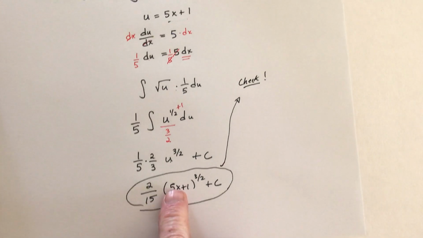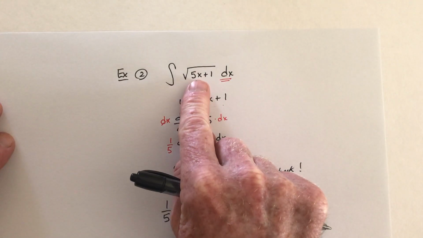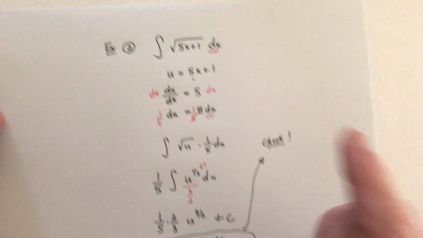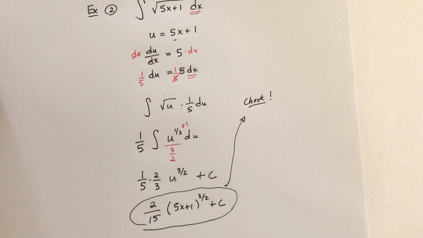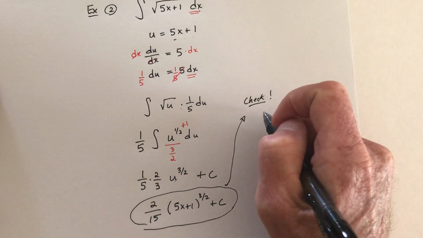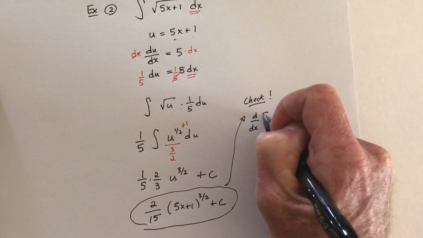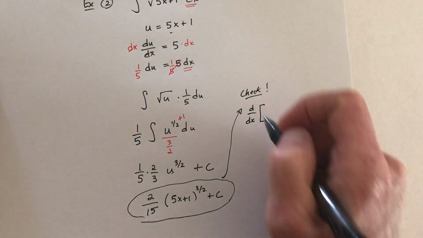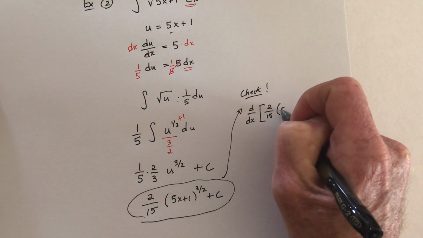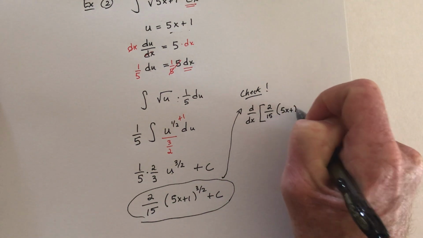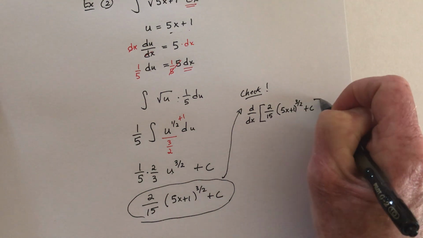So if I take this and I find the derivative, then it should be that square root of 5x plus 1. So basically taking the derivative will undo the integral and give you back the original problem. So if I take the derivative of my answer, 2/15, 5x plus 1 is raised to the 3/2 plus c.